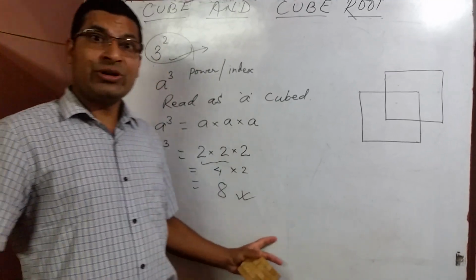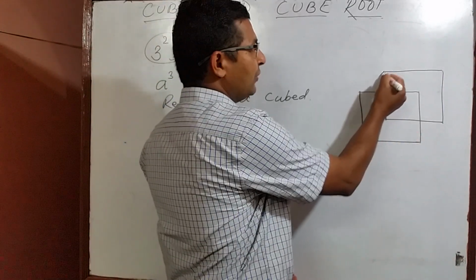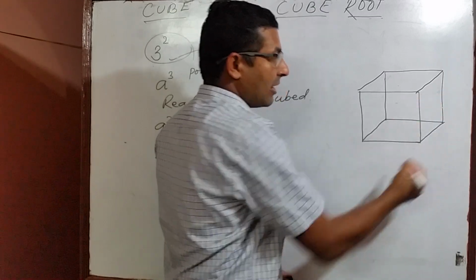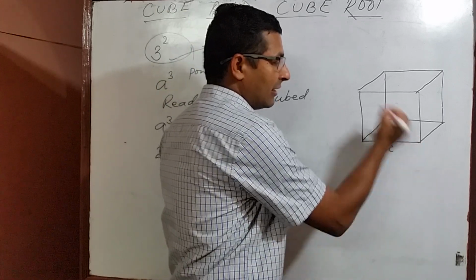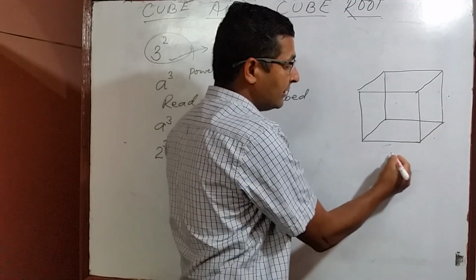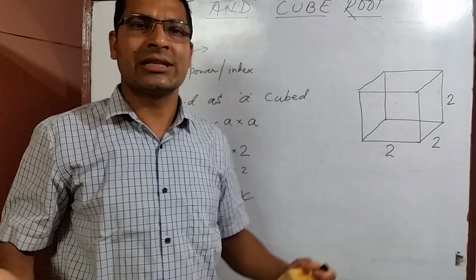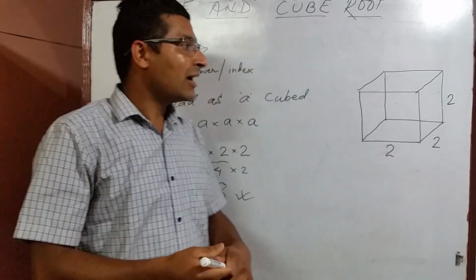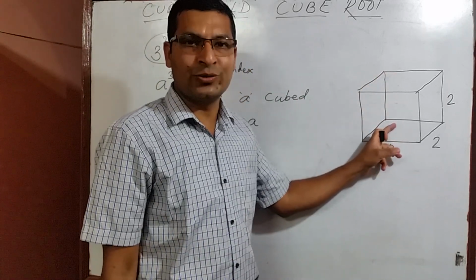Yes, if we talk about the actual meaning of cube, let's see. Here is a cube, and if the length, breadth and height are 2 units each, 2 units means maybe centimeter, meter or any units, and it forms a cube.